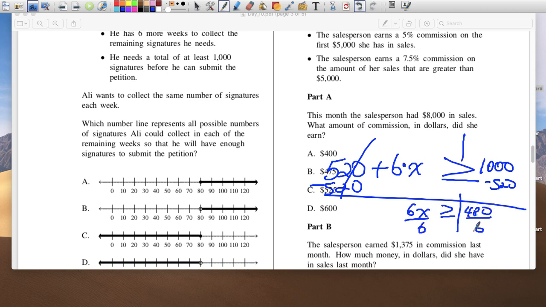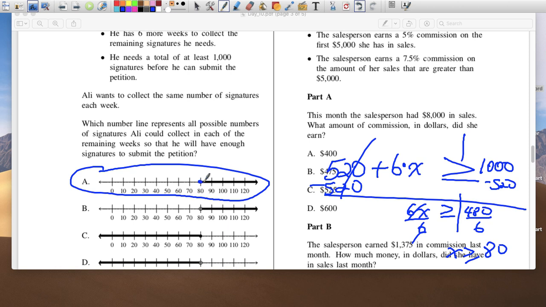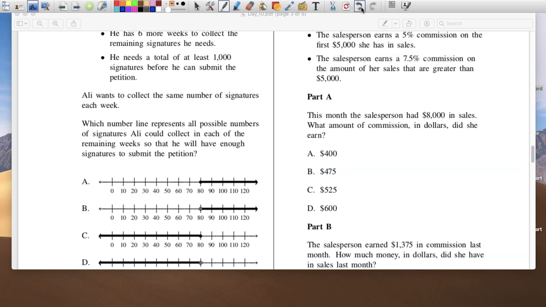Divide this by 6, divide this by 6. X is greater or equal, and 480 divided by 6 is 80. So now, we want numbers that are greater or equal to 80, and that is A. Look at your number line. The dot is shaded, and it's pointing that way. So that's the correct answer.